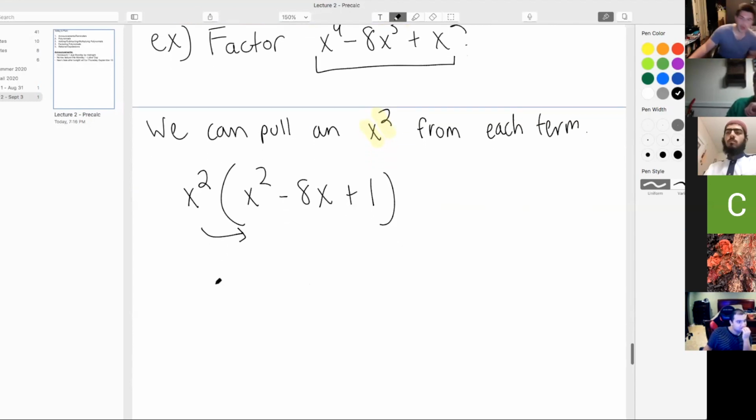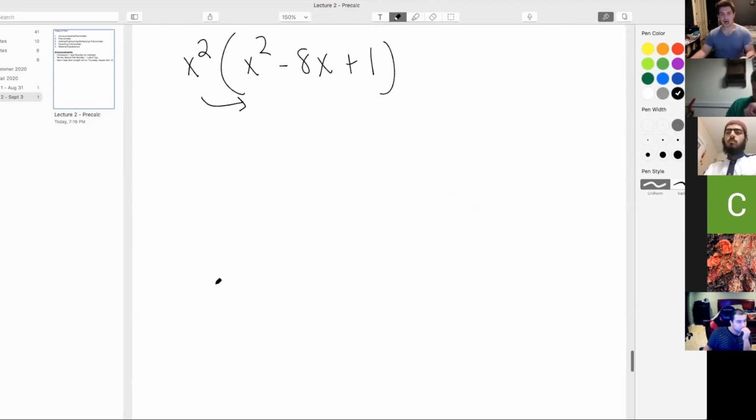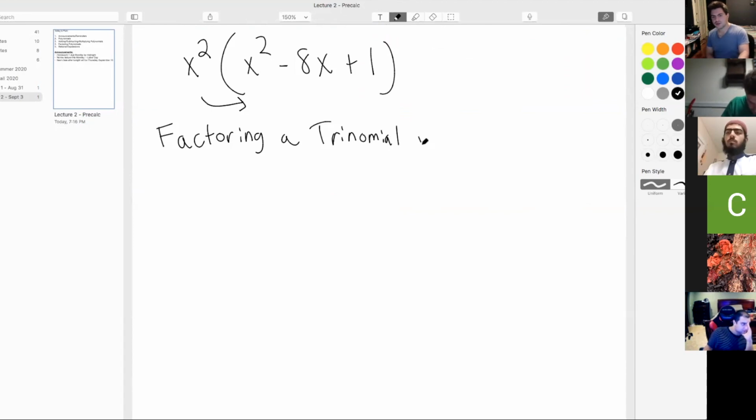Okay, all right, so that's it for GCF. Next heading, next factoring technique. We're going to be factoring a trinomial, and I'll say what that is. Factoring a trinomial with leading coefficient of 1.